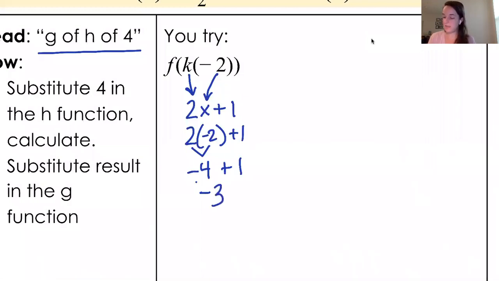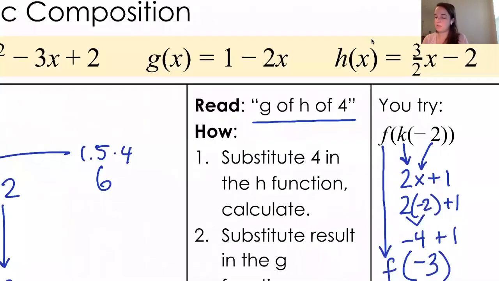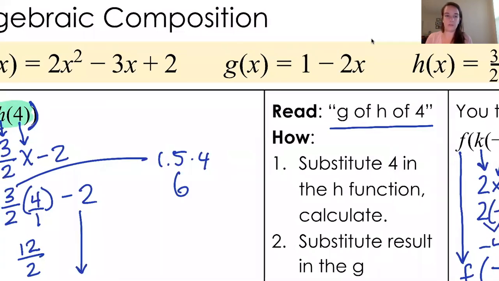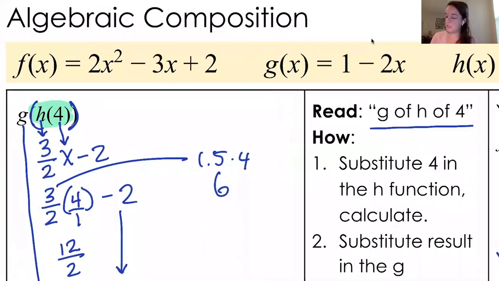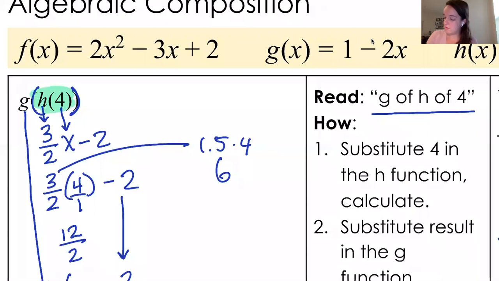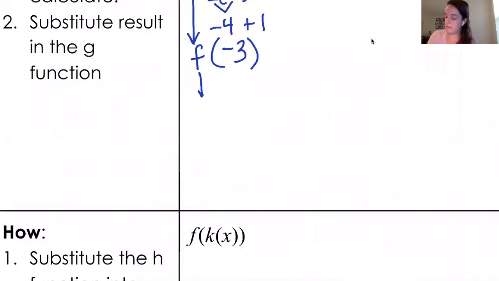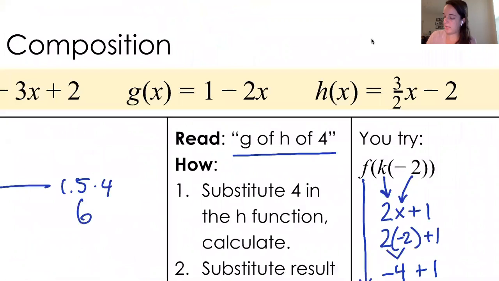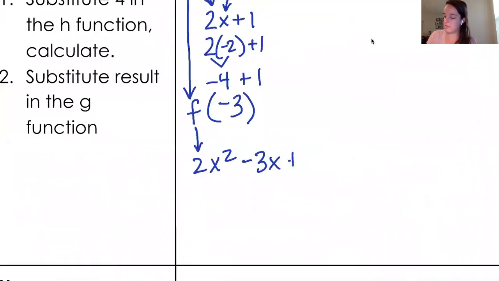So I have -3 is my answer. And now I need to do f of -3. So I'm going to look for the f equation over here, 2x squared minus 3x plus 2.